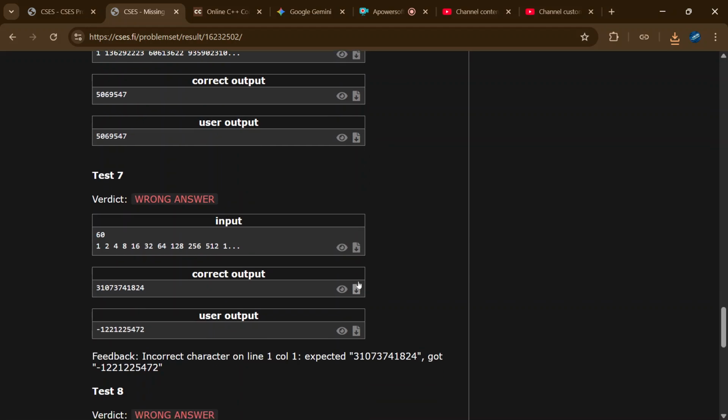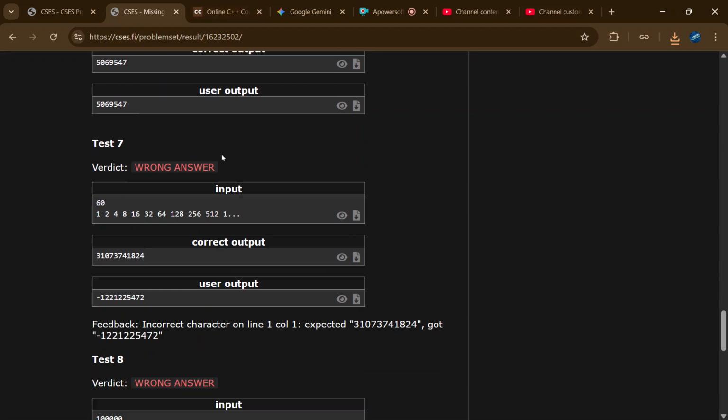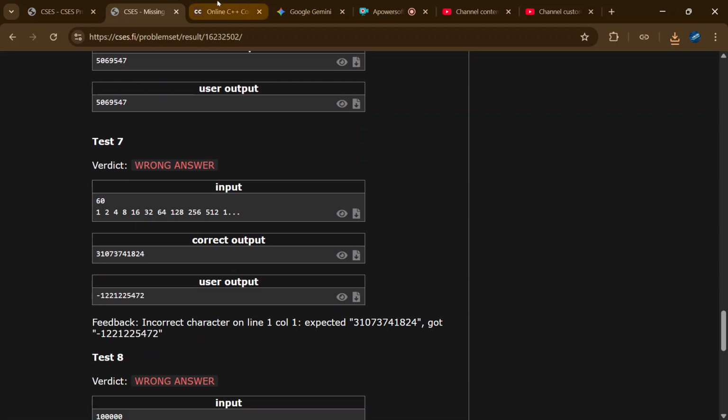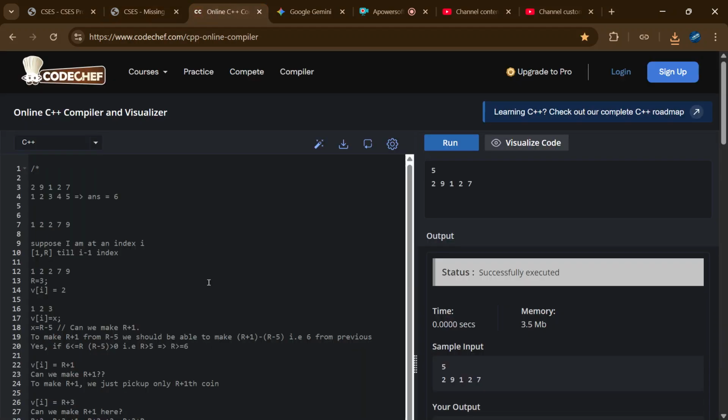We have to handle very long numbers also, so it's definitely integer overflow.